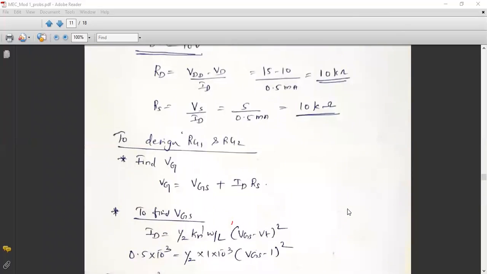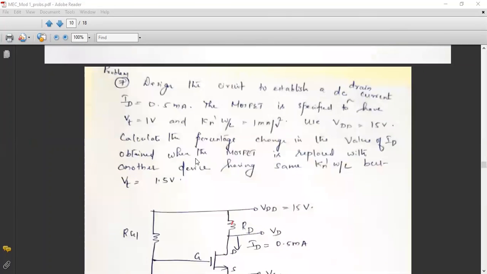Now check the question once again. What is the final question? You have to find the percentage change in the value of ID. Yesterday I told you how we are going to find the relative change in percentage. You have an initial value and a final value. So relative change in percentage means final minus initial divided by initial value into 100.